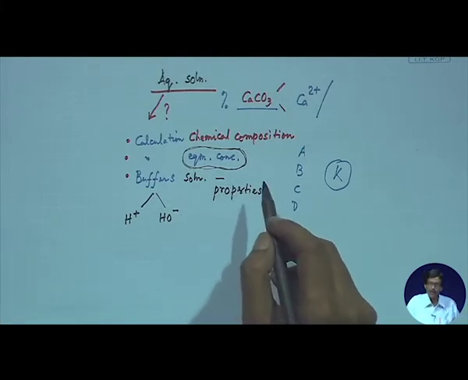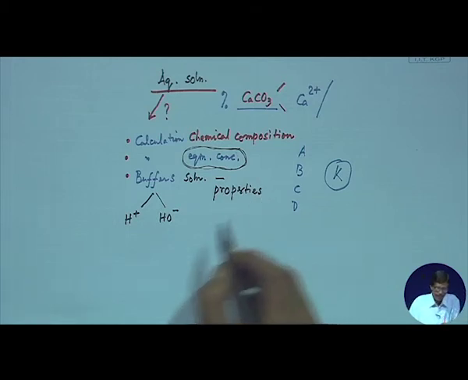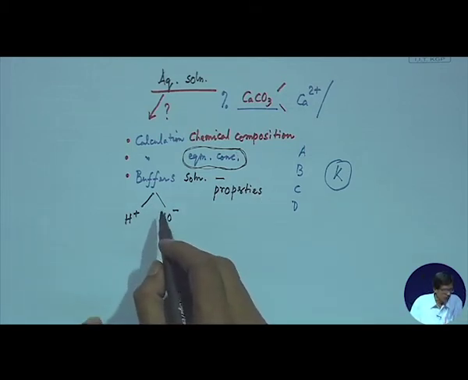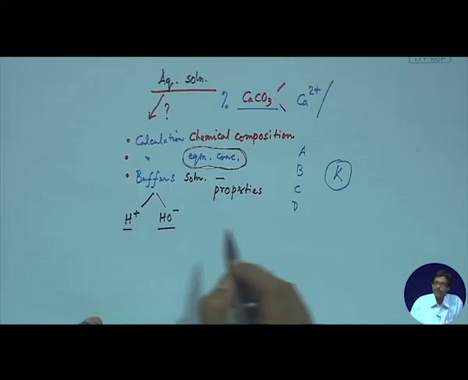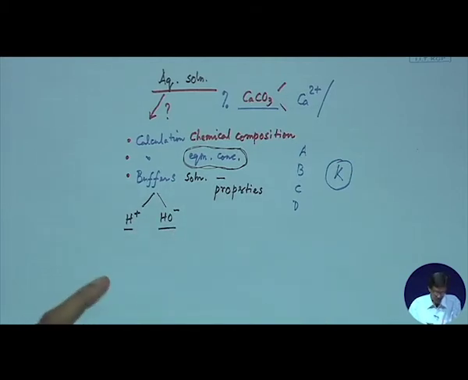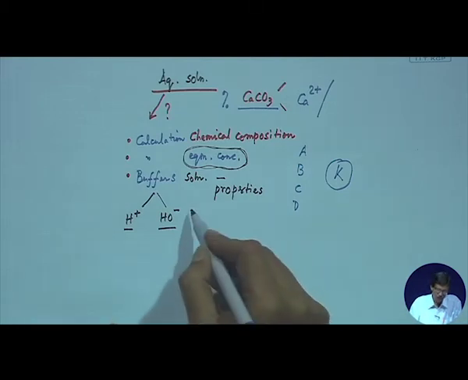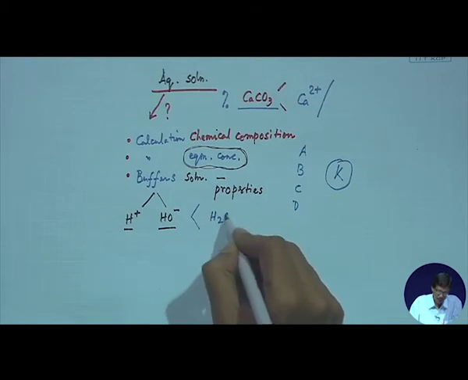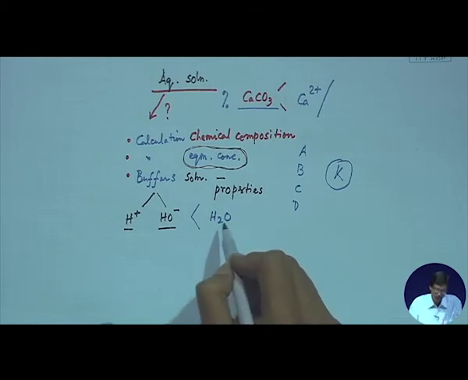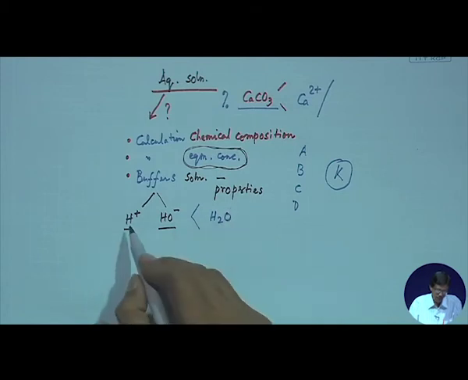Before that, what we find is that for these buffered solutions, when we talk in terms of H+ and hydroxide ions, it is very simple to know that these all come from water, because water can go for dissociation giving H+ and HO-.